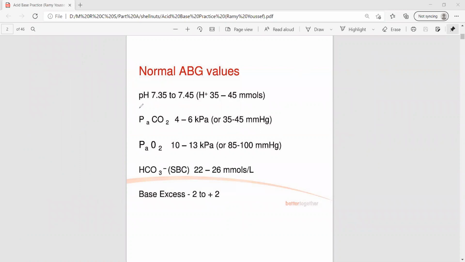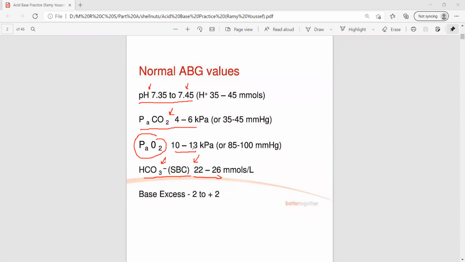What you have to know from this page: by any way, in part B, they will not give you the normal parameters. Normal pH, you have to know this. Normal CO2, you have to know this. Normal HCO3, you have to know this. And this will be in a table in the exam till now. O2, you have to know, from 10 to 13.